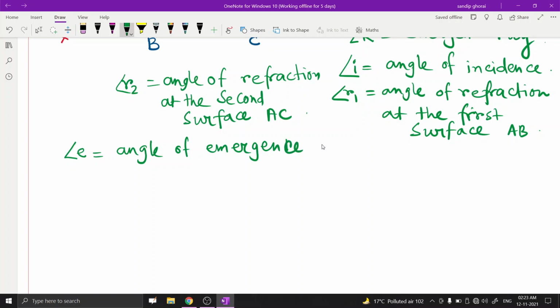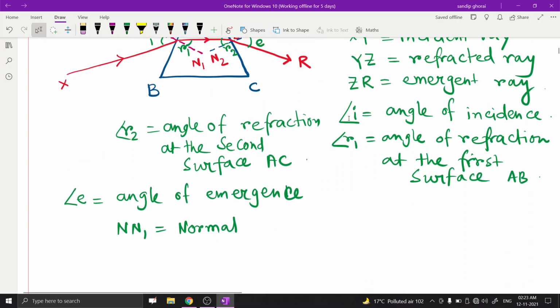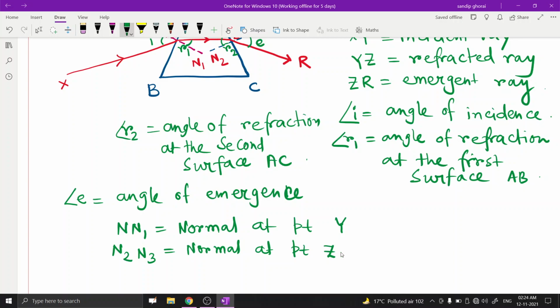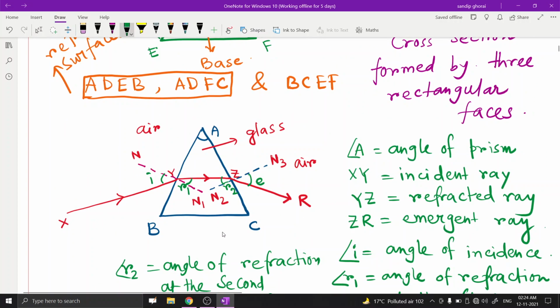N1 is the normal at point Y, and N2N3 is the normal at point Z. So this is the refraction through a glass prism.